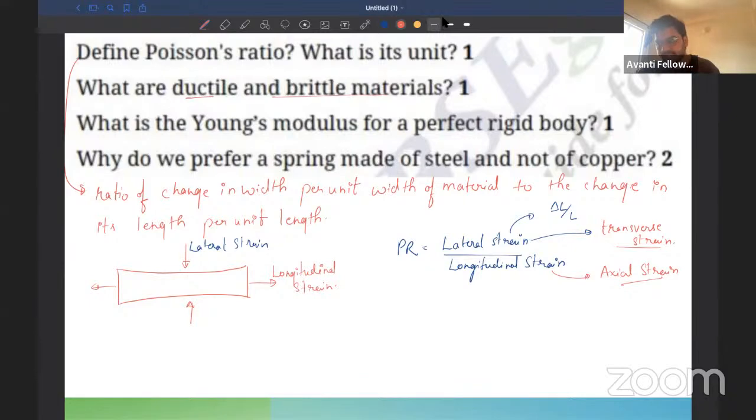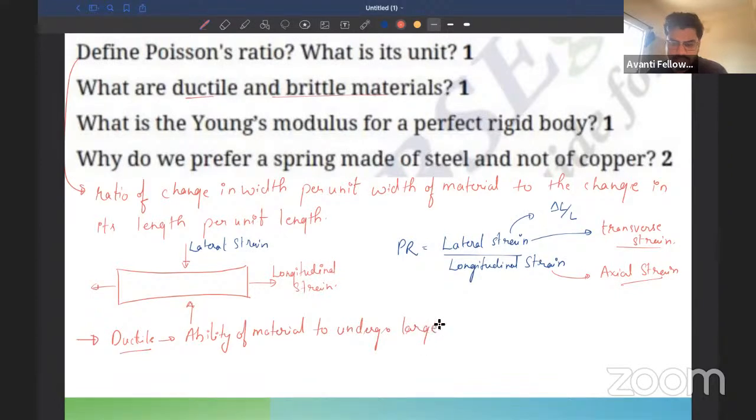तो definition के लिए क्या लिखेंगे कि ductile materials, short में लिख देते हैं. It is the ability of material to undergo large plastic deformations prior to failure.